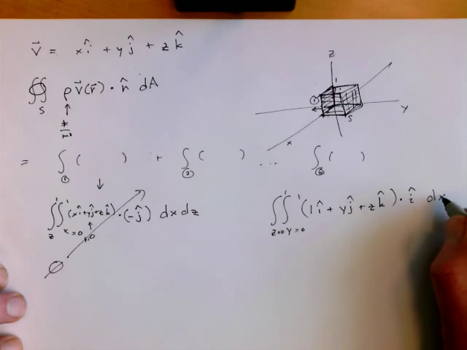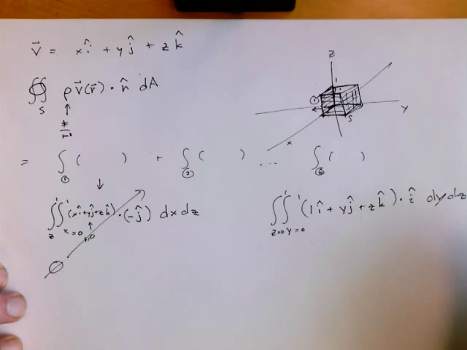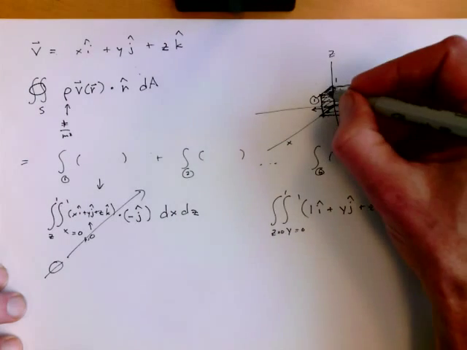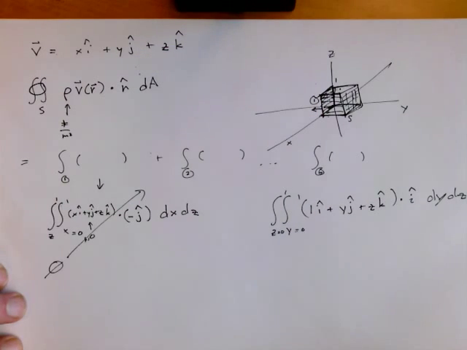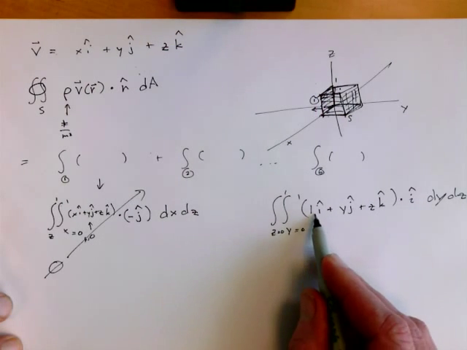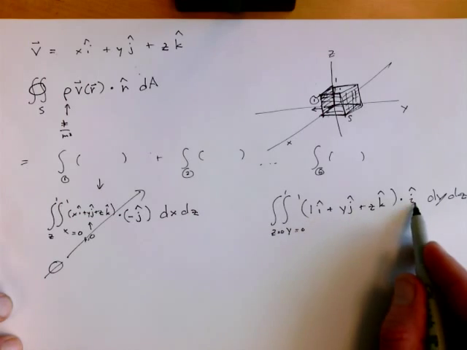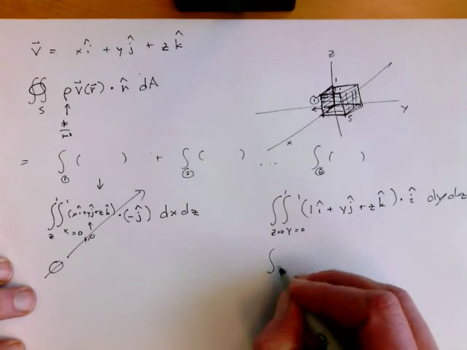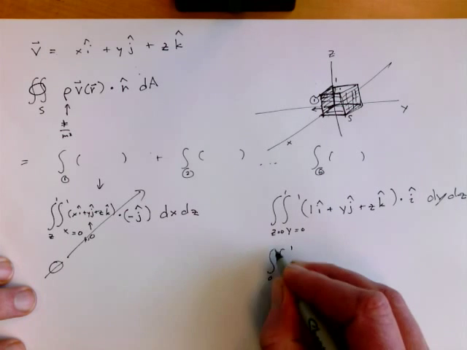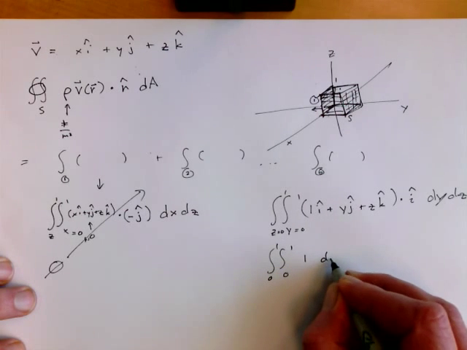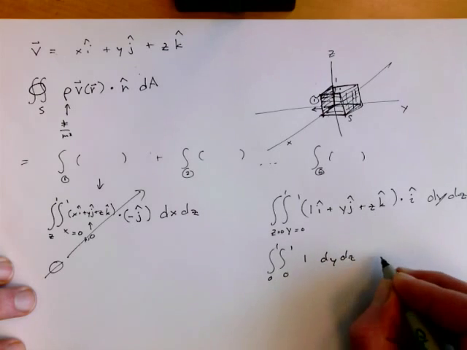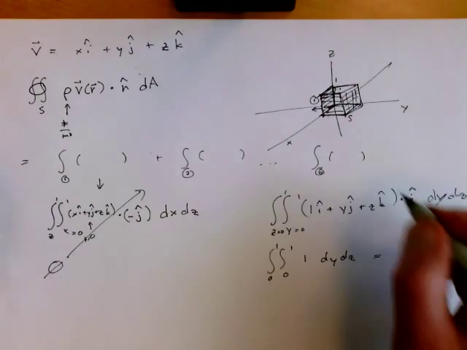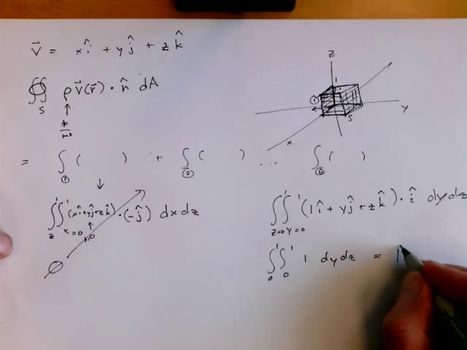And finally, dy dz are going to make up my differential area element on that face. So now I've got 1 times i hat dot i hat, so the only thing that's going to come out of this dot product is a 1. So I have the integral from 0 to 1, 0 to 1 of 1 dy dz, which, not surprisingly, gives me the area of that face, which is 1.